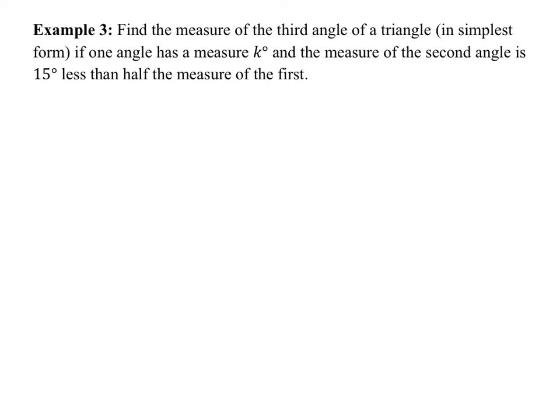What's something I can label in this diagram? What can I label? Well, one angle is K. All right, one angle is K. What else, Will? Another angle has K over 2 minus 15. Can you explain that, Will? So we're all clear as to where you got that?